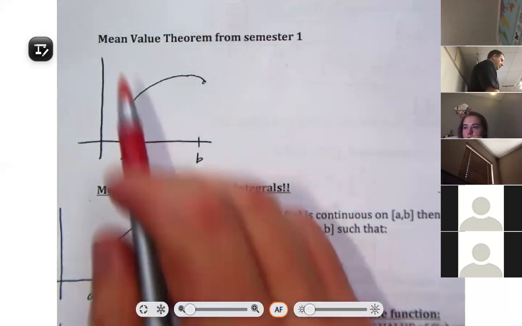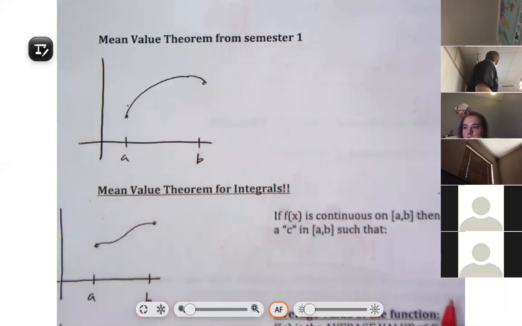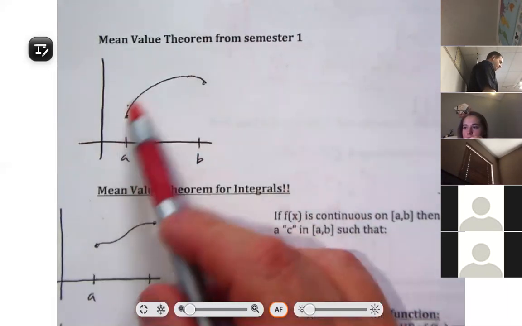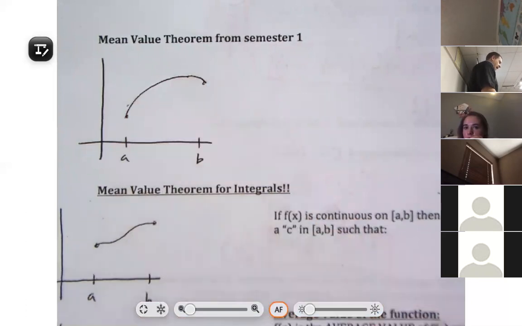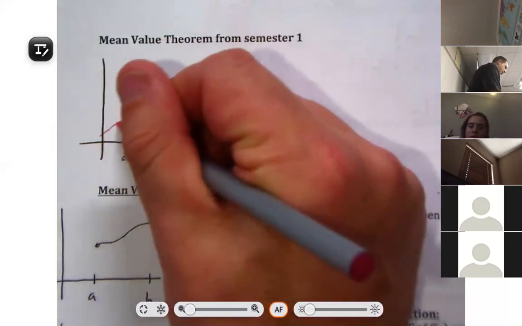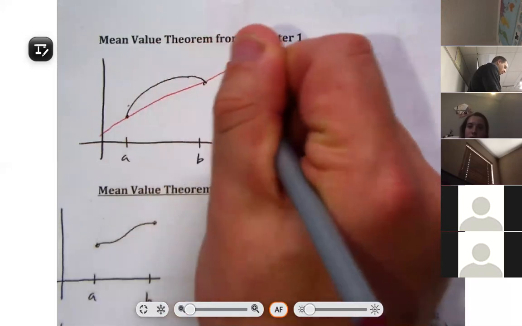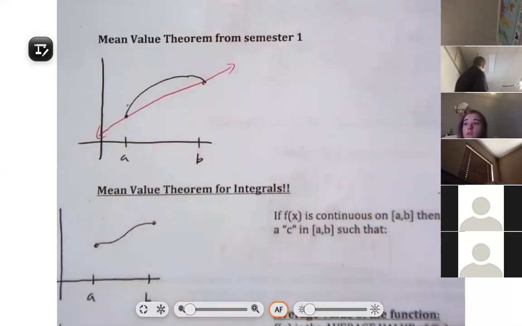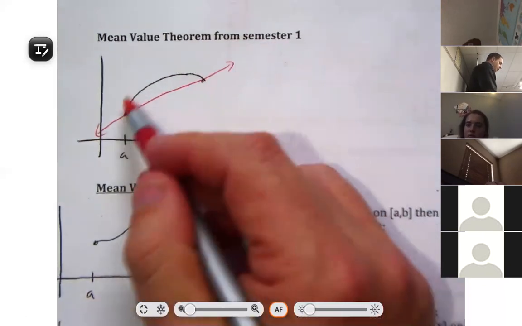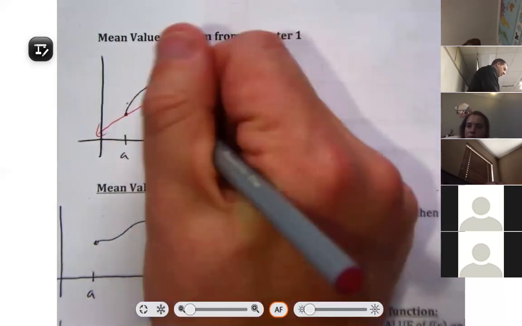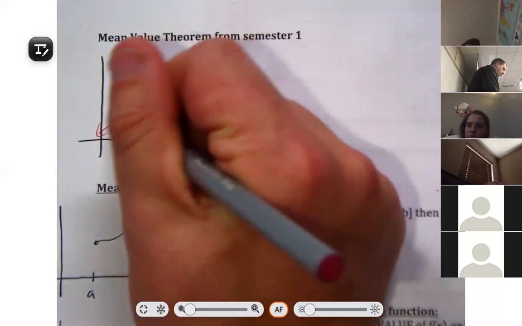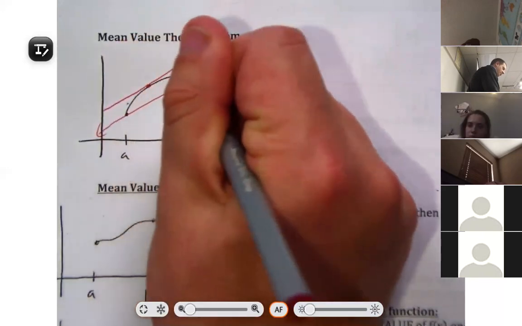But the mean value theorem from semester one said this. If you had a continuous and differentiable function and you found the average rate of change over the interval, the slope from, that's the worst line I've ever drawn. If you find the slope from one endpoint to the other, there's some point in the interval whose instantaneous rate of change would be the same as the average rate of change.